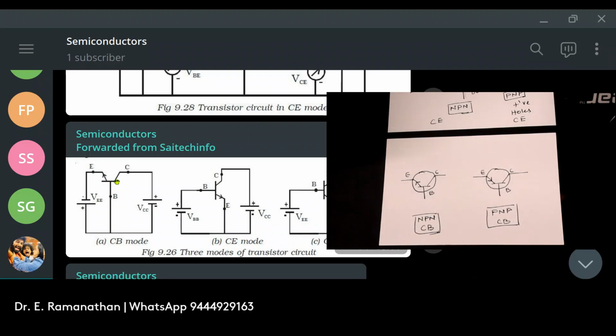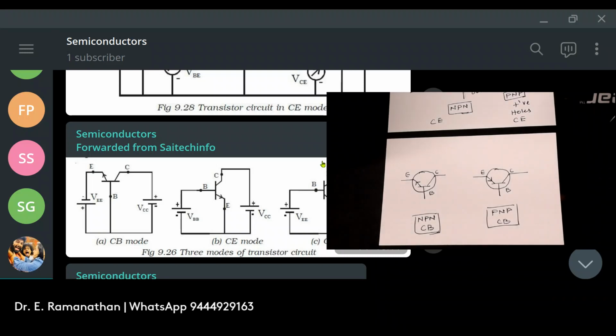You know very well, this is away from the base, so this must be NPN. And what about this one? This is also NPN. What about this one? This is also NPN. So this is NPN of 3 modes of transistor circuits: common base mode, common emitter mode, common collector mode.